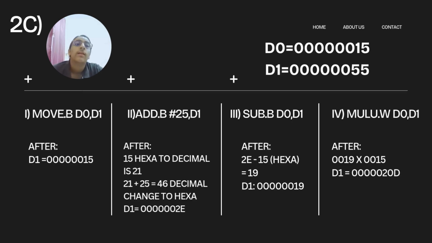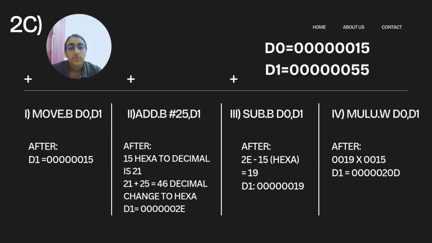00000019. For question 4, it's going to be mulu.w D0 D1, meaning mulu means multiply. So you're gonna times, and W is the last four digits.